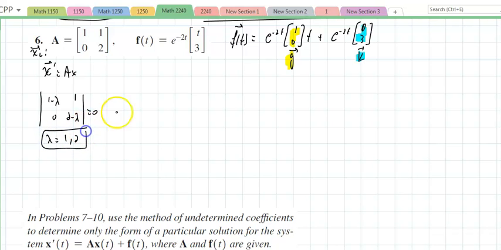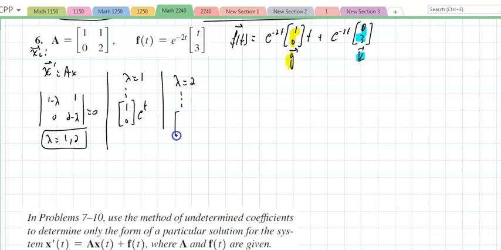And again, I could show this: for lambda equal 1, I do my magic and I get my vector to be (1, 0) e to the t, of course. And if I do lambda equal 2 and work things out, I'll get my vector to be (negative 1, 1) e to the 2t.